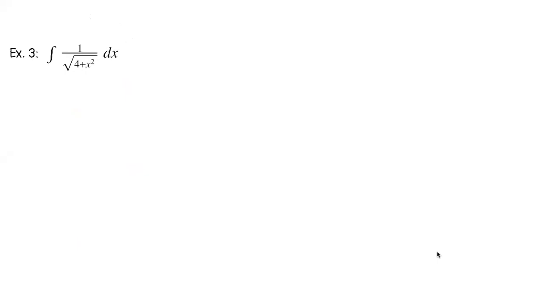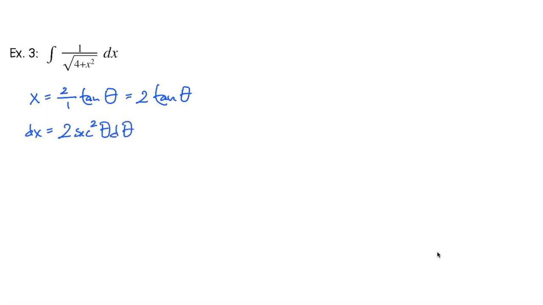I can say that x is going to equal 2 tangent theta. And while we're here, let's find our dx. So the derivative of 2 tangent theta is 2 secant squared theta d theta.